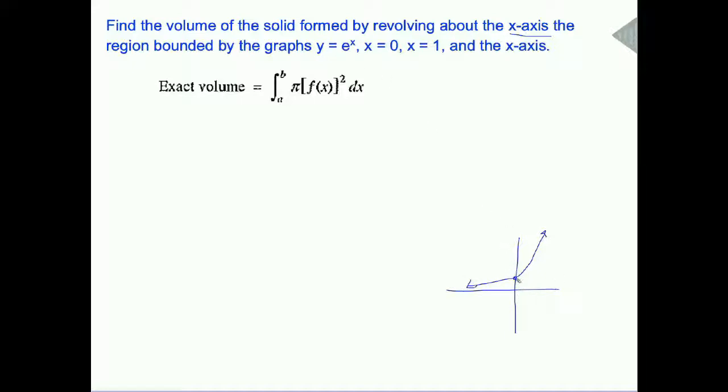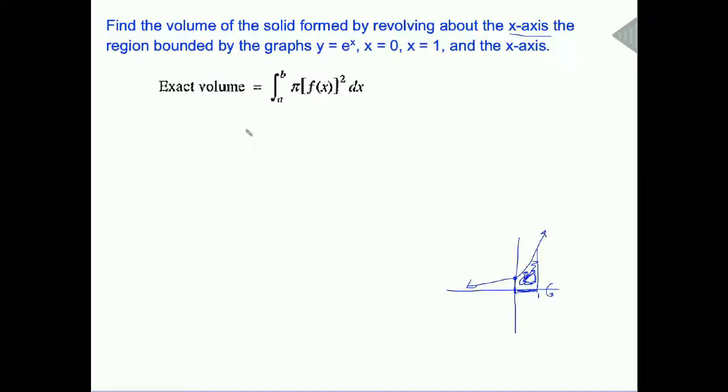It's saying take it from 0 to 1. And so this shape, and the other region boundary is the x-axis. So we're taking this planar region and revolving it around the x-axis.